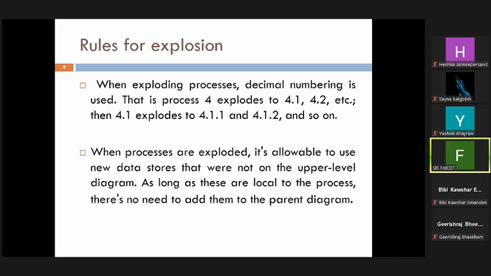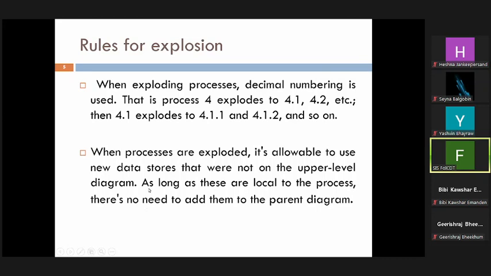Normally when we talk about level DFD, it's in more detail, so things that were possibly not mentioned in the high level case study may be found in the lower level description of a process.